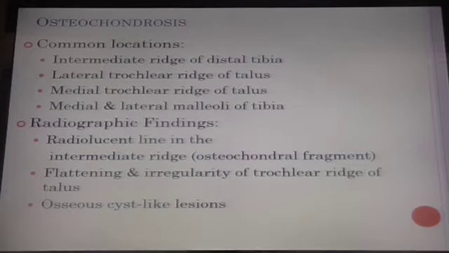What you see is a radiolucent line, which is where the cartilaginous defect is. You might see flattening or irregularity of the trochlear ridge of the talus. Because the cartilage has not calcified, it looks flat. The cartilage is still there, it just hasn't calcified. And any osseous cyst-like lesions, they also refer to as osteochondrosis.